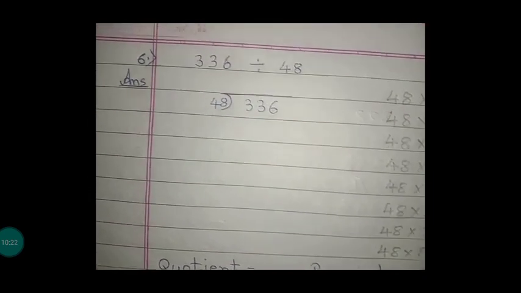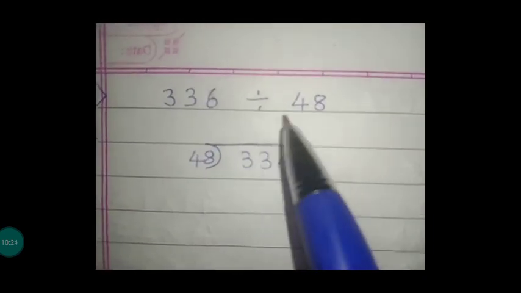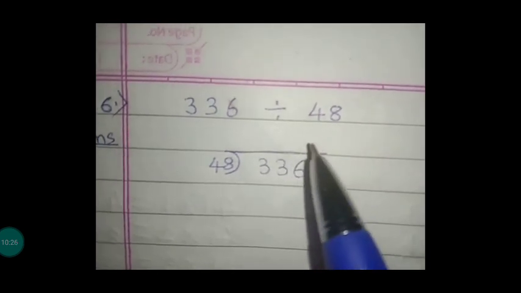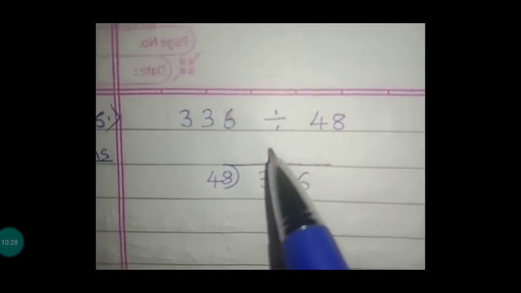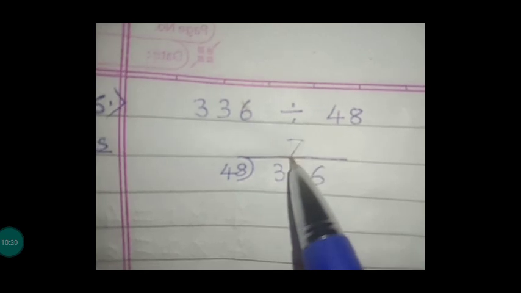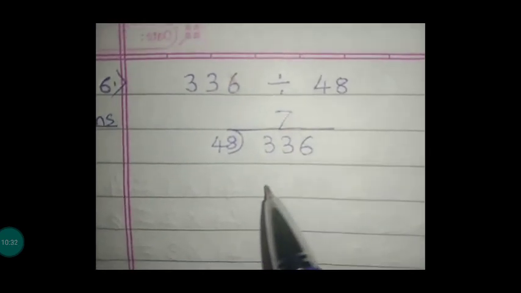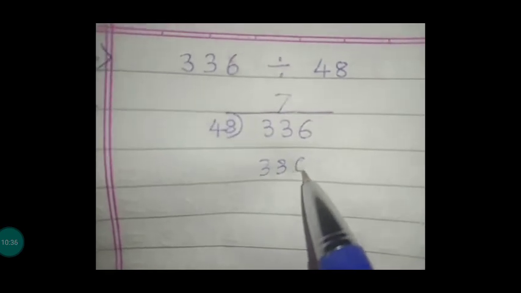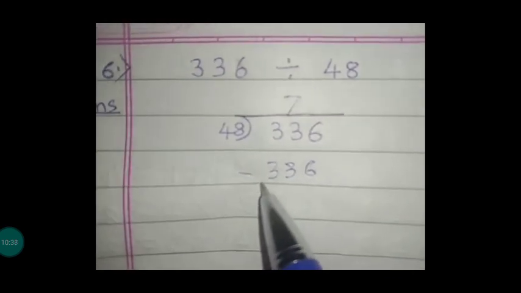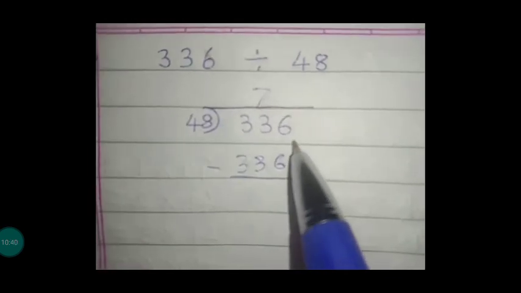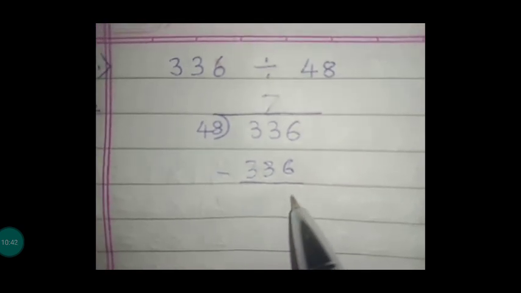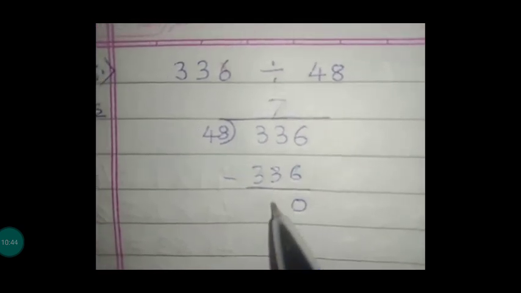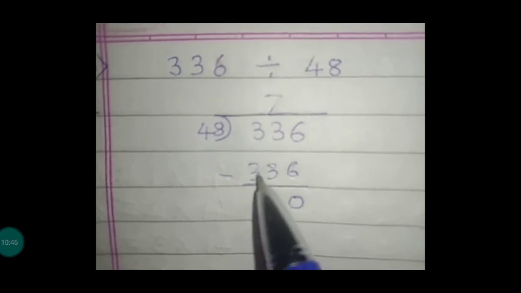So you will write here 48 sevens are 336. Now you will subtract these numbers. 6 minus 6 is 0, 3 minus 3 is 0, and 3 minus 3 is 0.